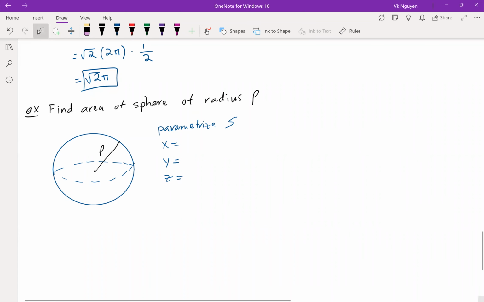You can look at spherical coordinates, then you will see that X is going to be rho sine phi cosine theta, Y is rho sine phi sine theta, and then Z is rho cosine phi.